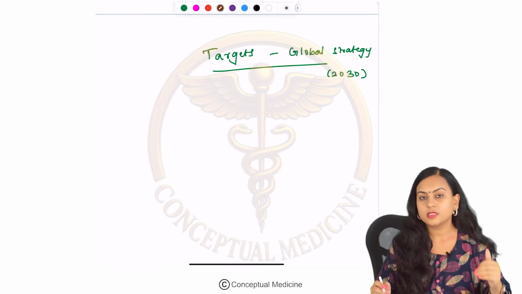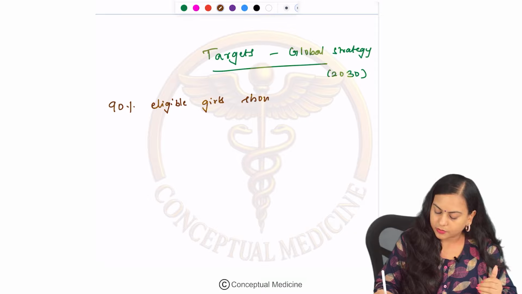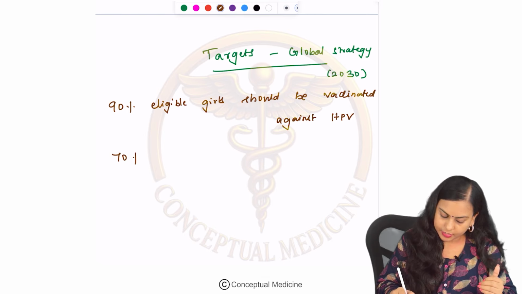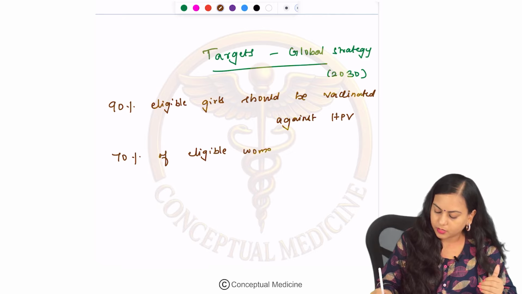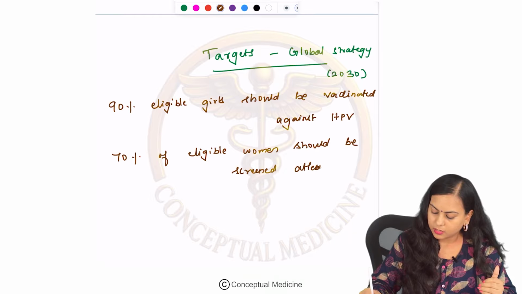2030. This says that 90% of eligible girls should be vaccinated against HPV, and 70% of eligible women should be screened at least twice during their lifetime.